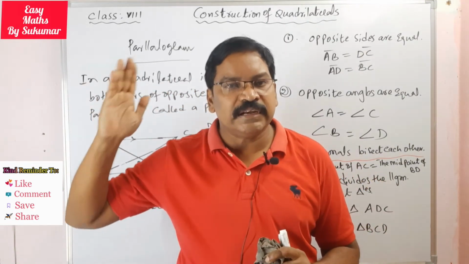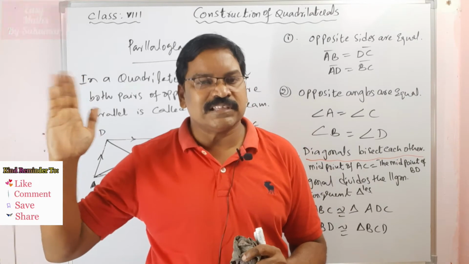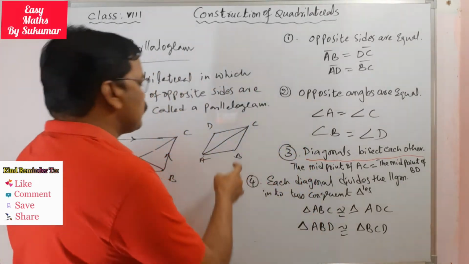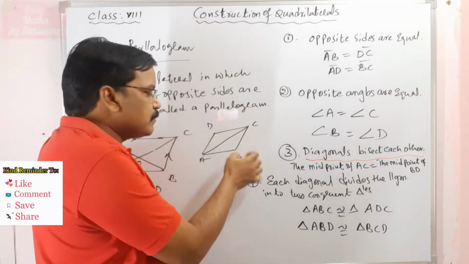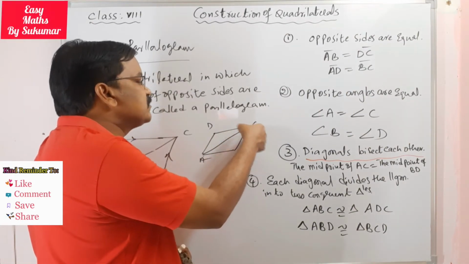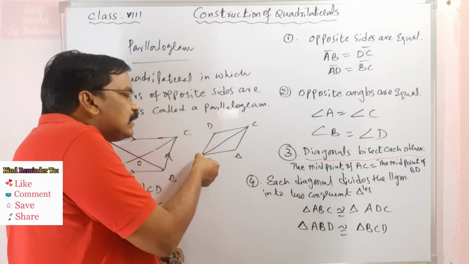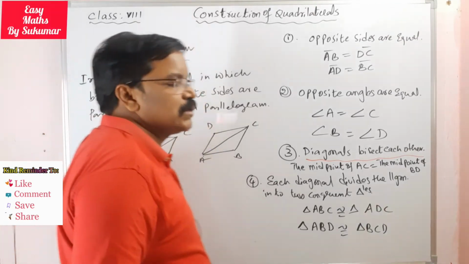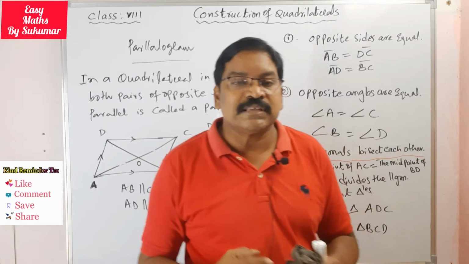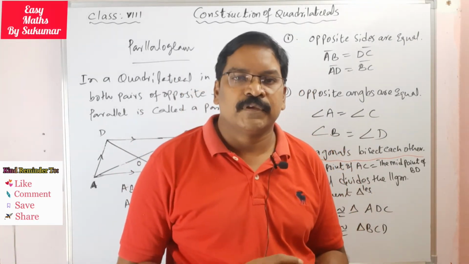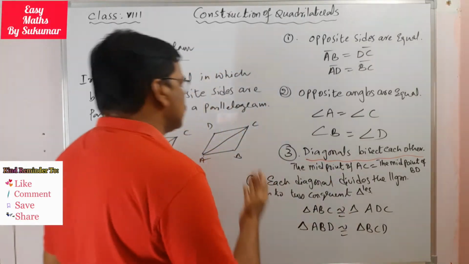Sum of the interior adjacent angles. That means, suppose if it is a trapezium, angle B plus angle C is equal to 180 degrees. Similarly, angle A plus angle D is also 180 degrees. That means sum of the adjacent angles.